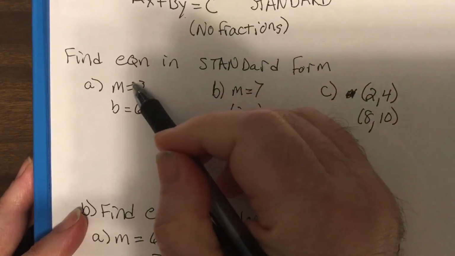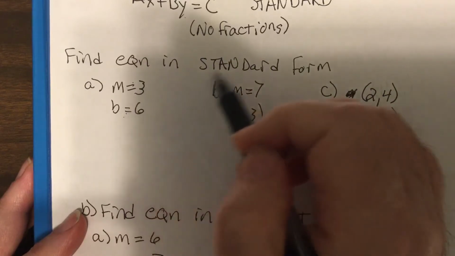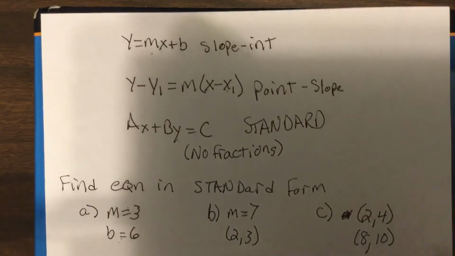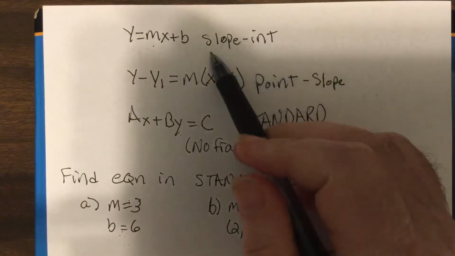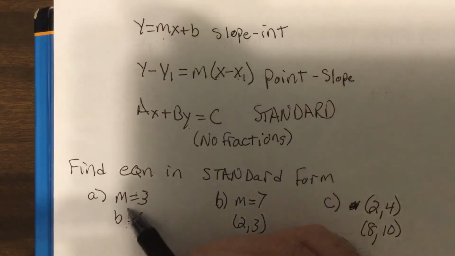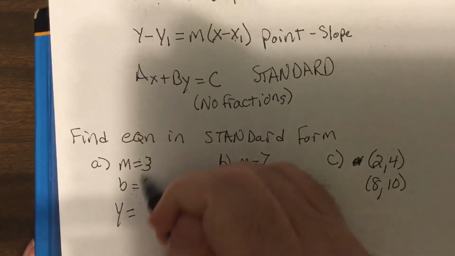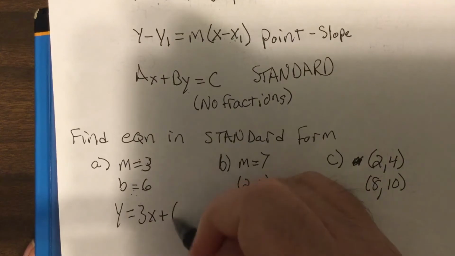So if I'm given a slope and y-intercept of a line, can I take that information and put it in standard form? Well, first, what equation would I use if I have slope and y-intercept? Well, slope-intercept. So I would just plug this into it. So it'd be y equals m, which is 3, x plus b.